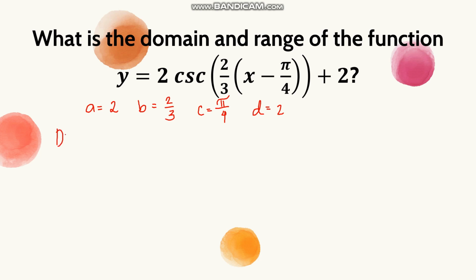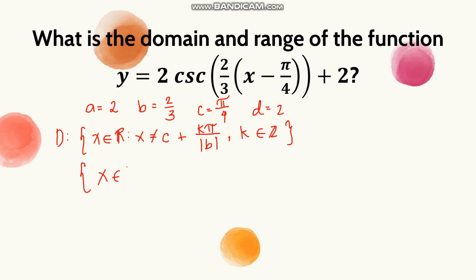So for the domain, since it's cosecant, the formula that we have to use should be x is not equal to c plus k pi, but this time it's only absolute value of b on the denominator, and k is an element of integers. So just substitute.